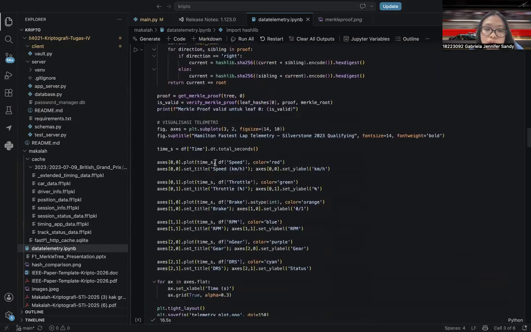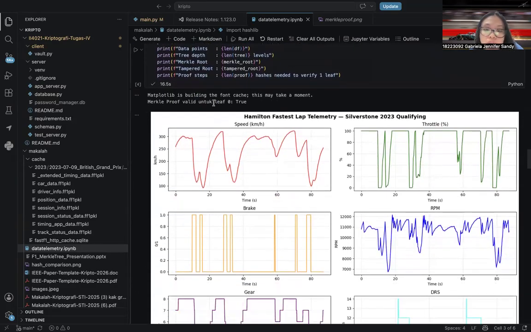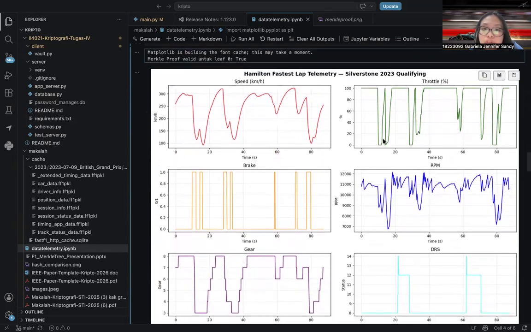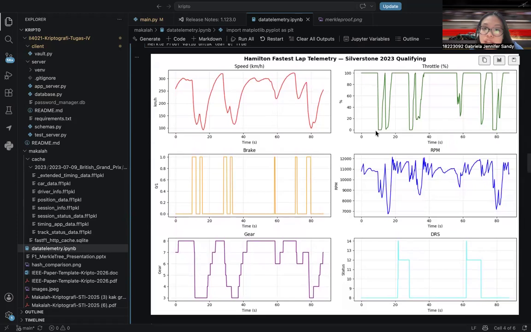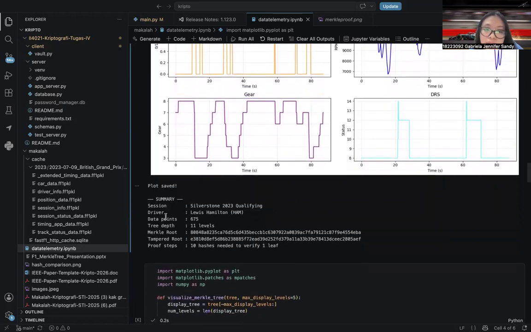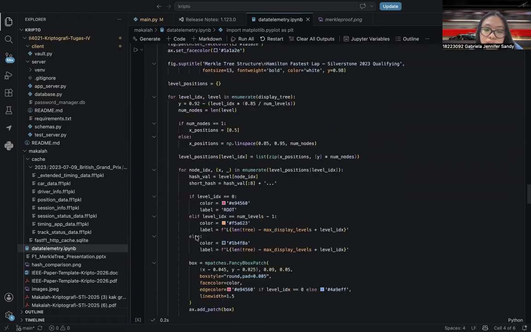The next code shows the diagram of Hamilton's fastest lap telemetry. Here we can see the speed, the throttle, the brake, and other visualizations. In summary, this is the Merkle root, and this one is the tampered root.